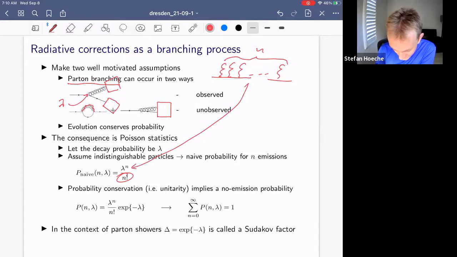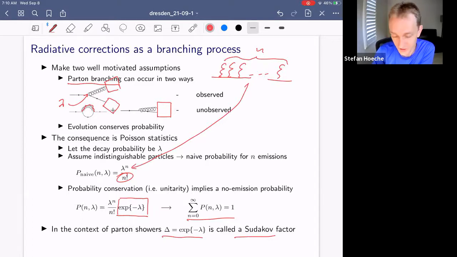So in order to make this finite, we have to add the corresponding term that brings this back to unity, because I said I'm not allowed to change the overall cross-section. So this e to the minus lambda will make sure that in the sum over everything, I observe a unit probability. And in the context of a Parton shower, this e to the minus lambda is called the Sudakov factor. Okay, not exactly the same as the Sudakov form factor, but there is a connection between the two.